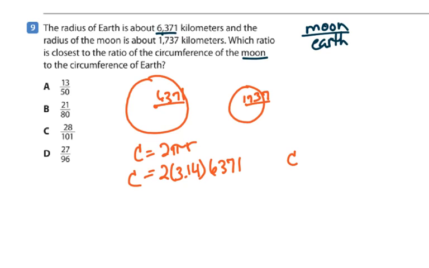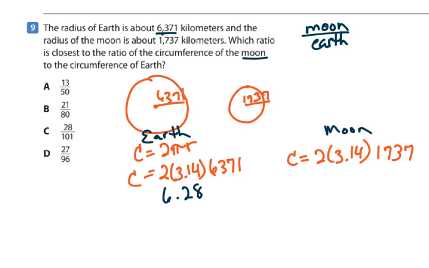Over here, I'm going to say 2 times 3.14 times 1,737. So this will give me Earth, and this will give me the Moon. So then it's simply just putting it in the calculator. I already know that this is 6.28 because I have to double it so many times, right? Because that's a constant.